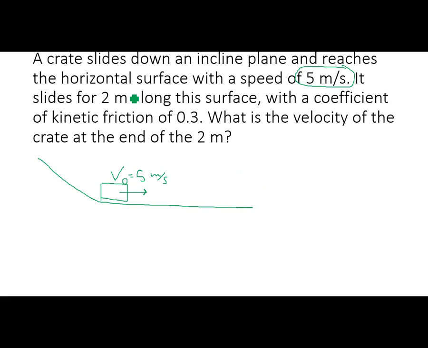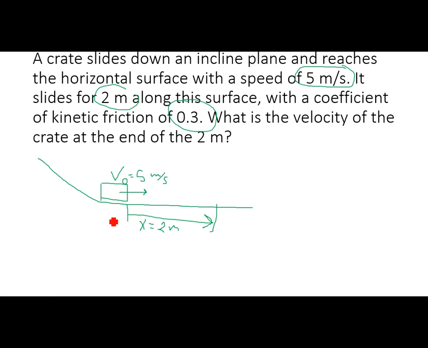Okay? Slides for 2 meters, fine. Goes from here to there. Okay? So we're going to say 2 meters. So we've got our x, or our d. And it has a kinetic coefficient of friction of 0.3.